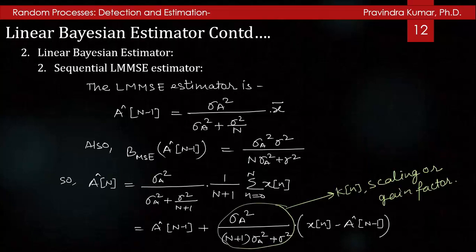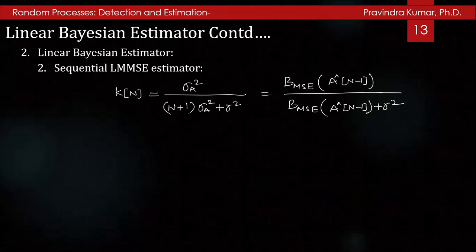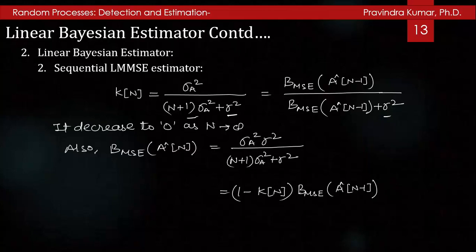And this part is the scaling or gain factor Kn. So the scaling or gain factor Kn is sigma A square divided by n plus 1 sigma A square plus sigma square, and it is equal to BMSE of A cap n minus 1 divided by BMSE of A cap n minus 1 plus sigma square, and it decreases to 0 as n tends to infinity.